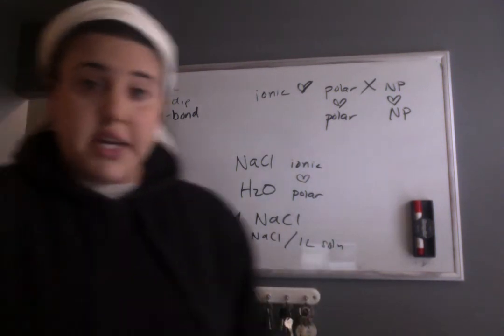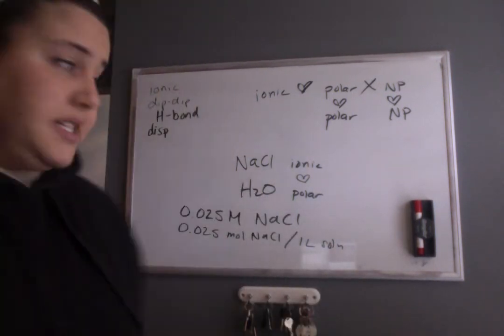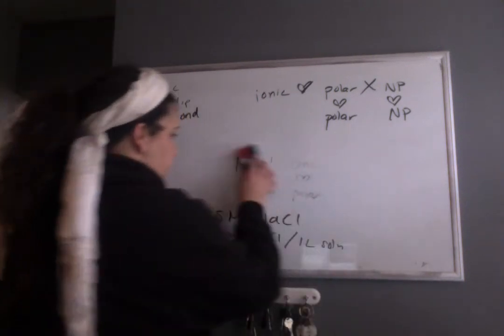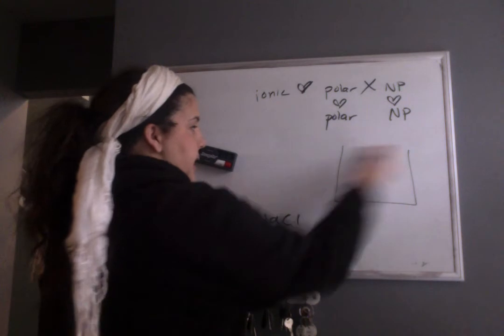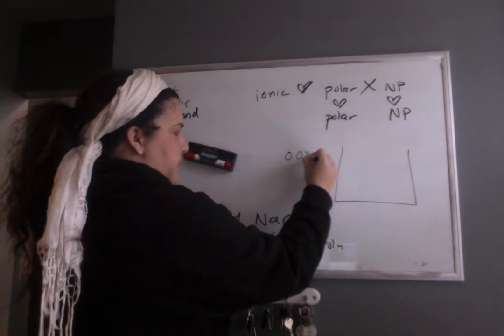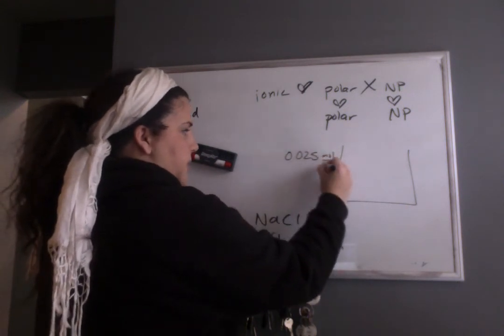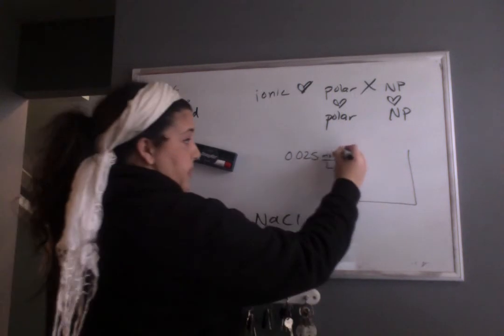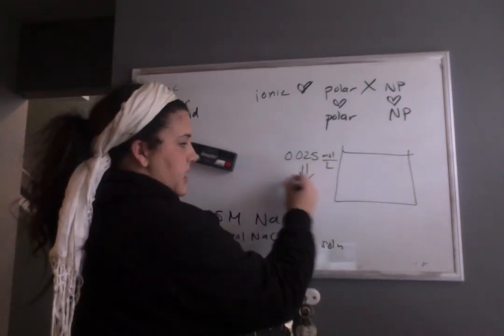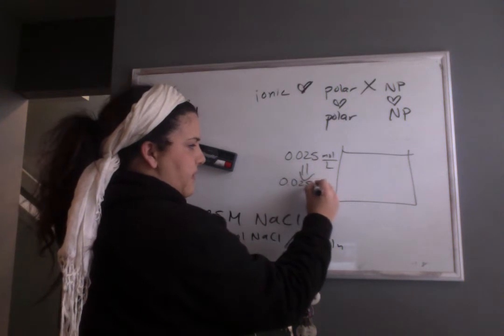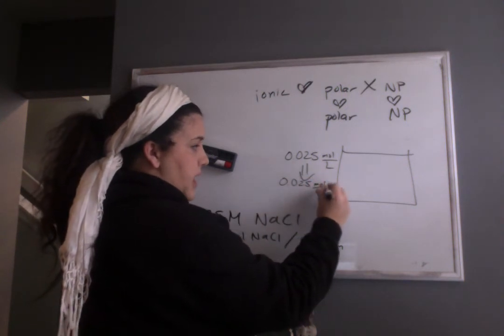Now, when we're talking about molarity of these ionic compounds, what I can think of is, again, in my bucket, if I have 0.025 moles of sodium chloride per liter, that means what I've got here is actually 0.025 moles per liter of sodium.